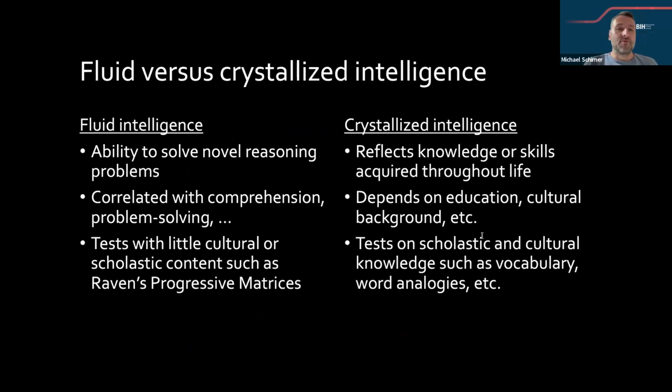So we can also distinguish fluid versus crystallized intelligence. Fluid intelligence is much more, actually, I should have put this on the right side. It's much more related to the harder, the longer taking problems. So this is the ability to solve novel reasoning problems, and this is associated with comprehension and problem solving.